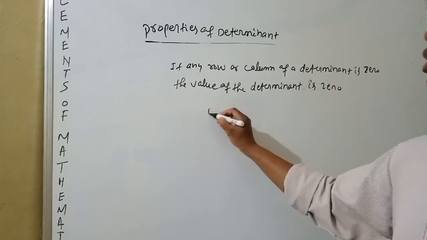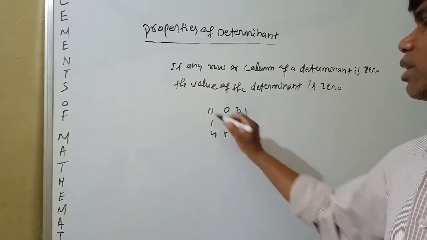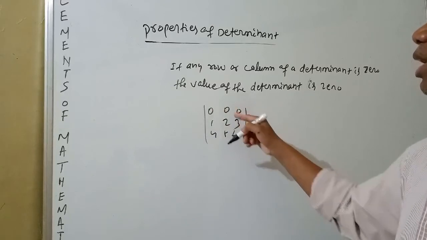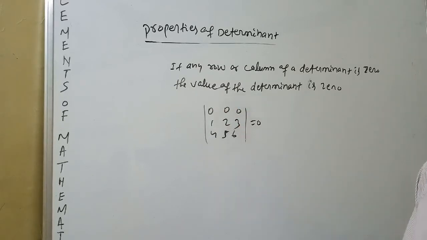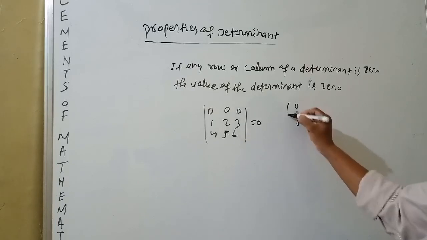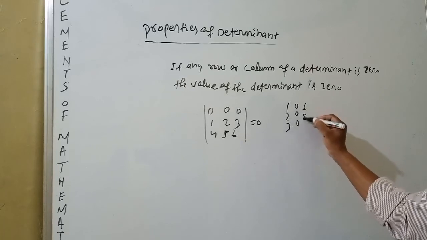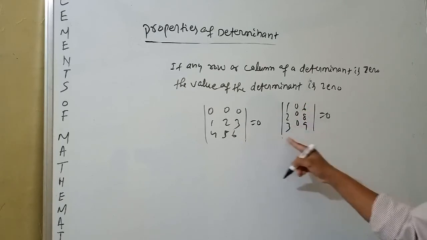Okay, suppose 0, 0, 0, 1, 2, 3, 4, 5, 6. This is equal to 0. Any row or any column consisting of the elements 0 0 0 means the determinant is 0. Suppose 0 0 0, 1 2 3, 6 8 9, this is also 0.